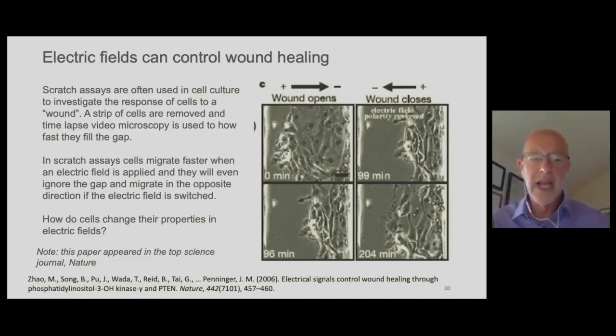Now, this is actually somewhat of a classic paper. It appeared in the top science journal, Nature. And the investigators went on to look at the molecular reasons why the electrical fields can control wound healing.